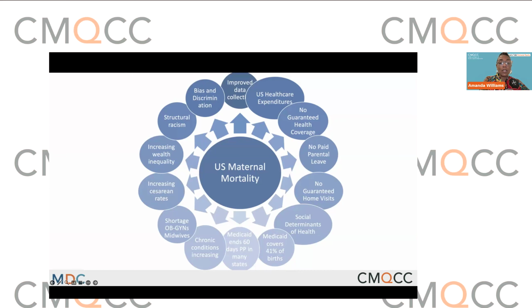One of the things I would encourage folks to do is, we see structural racism and bias and discrimination in the upper left, but then go through some of these other circles and think about how the history of bias, discrimination, and structural racism impacts all of these other pieces. Many of them are very tightly linked. Even though they're not in that one circle of racism or bias and discrimination, many of them are its downstream consequences. Next slide.